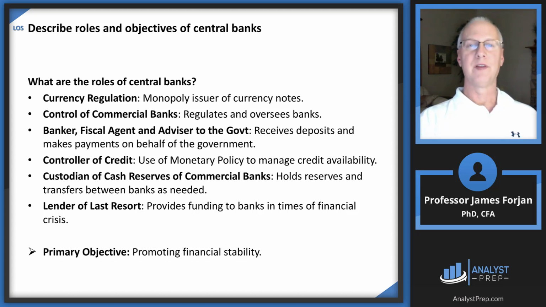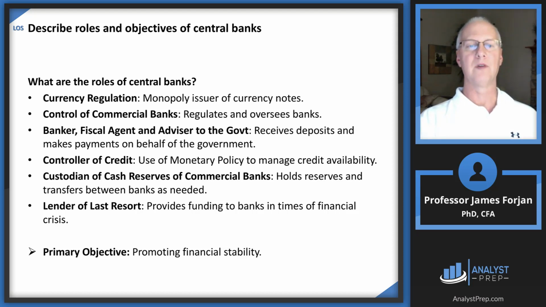They're bankers and fiscal agents and advisors to the federal government. Of course, they receive deposits and make payments on behalf of the federal government. They control the credit, so that's the use of monetary policy. It's a custodian, so they hold reserves. And they also operate as the lender of last resort.